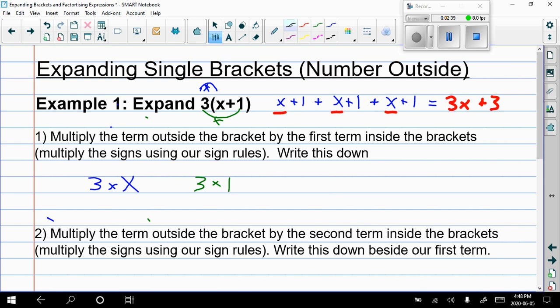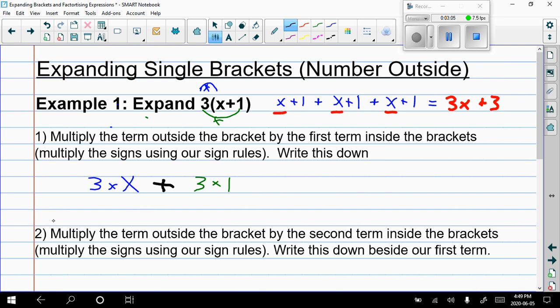Now, every single time I do these, I'm just going to put a plus sign in the middle because our signs are actually going to come from doing positive 3 times positive x, positive 3 times positive 1. If we have a minus sign, it will reflect and we can just change that positive to a negative or put a negative outside the front. But we won't deal with those for a little bit, so we can get the method down first.